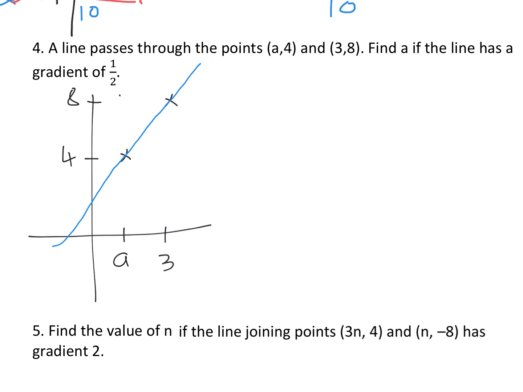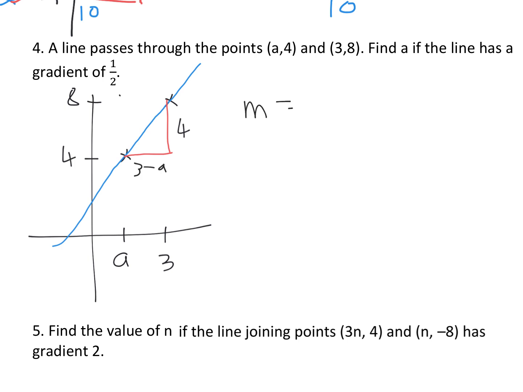So we draw a right angle triangle to help us get the gradient. The reason for doing that is we know in the question what the gradient is, so the question is about gradient. So we get the change in the y. The rise goes from 4 to 8, which is a distance of 4. And the run goes from a to 3. We can't get that as a number, but if I was to work out that length, I would do 3 take away the distance a, so 3 minus a.